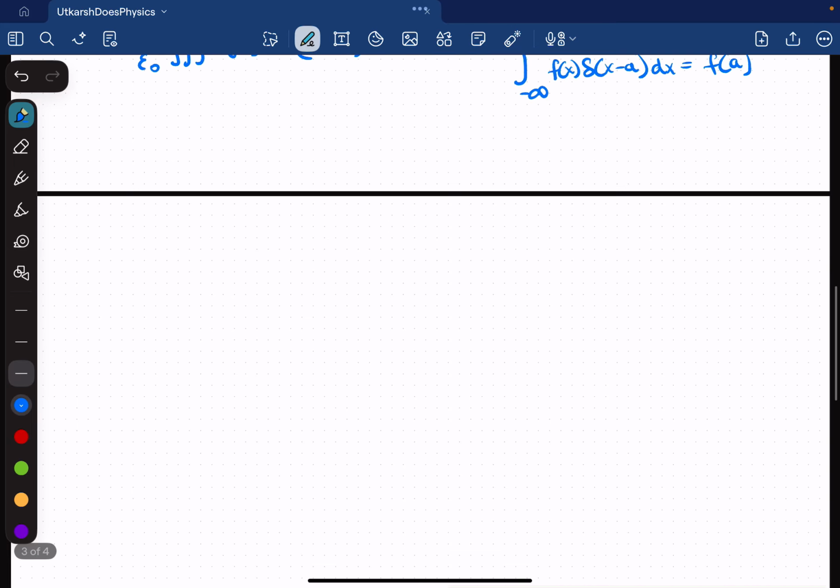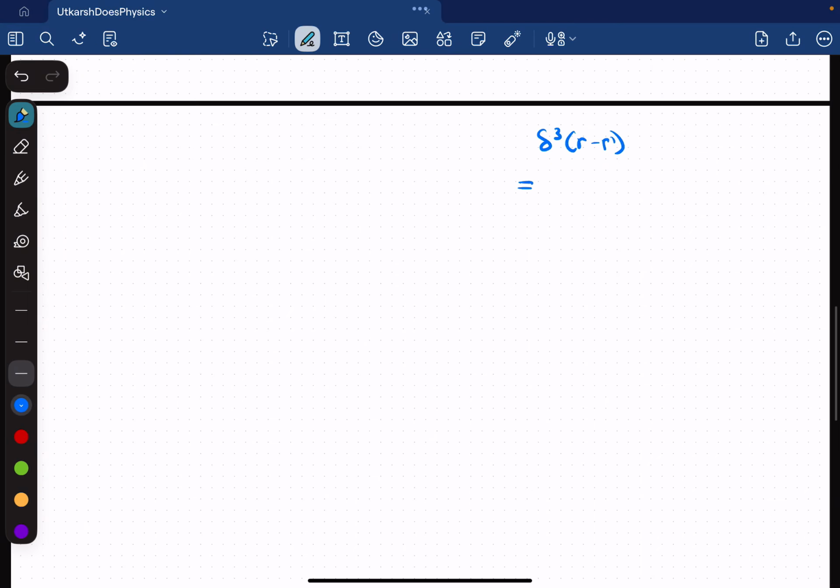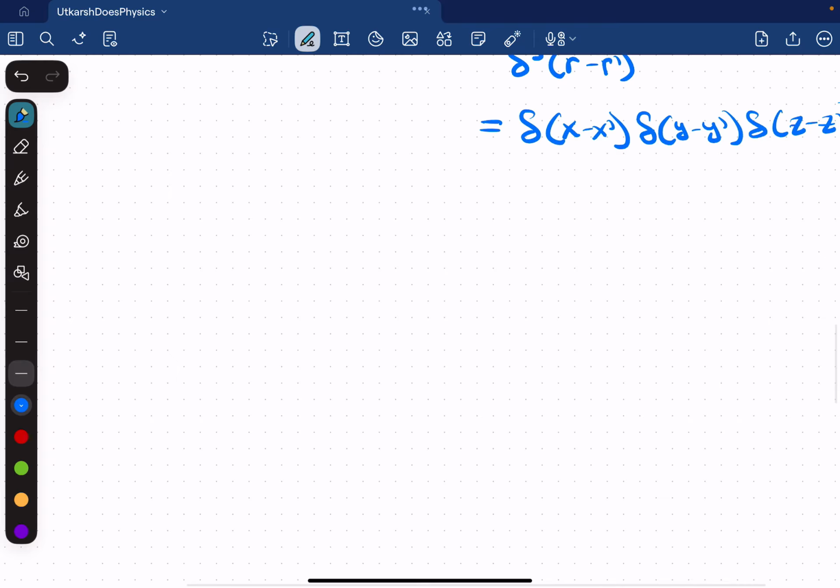So let's just write this out as a quick aside. This really is a three-dimensional delta function over x, y, and z. And luckily for us, we can just take minus 1 out of every delta function.